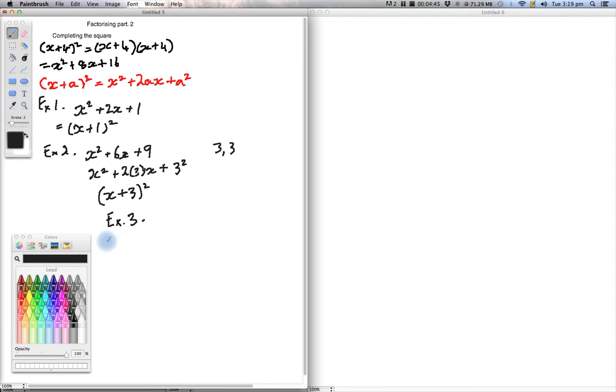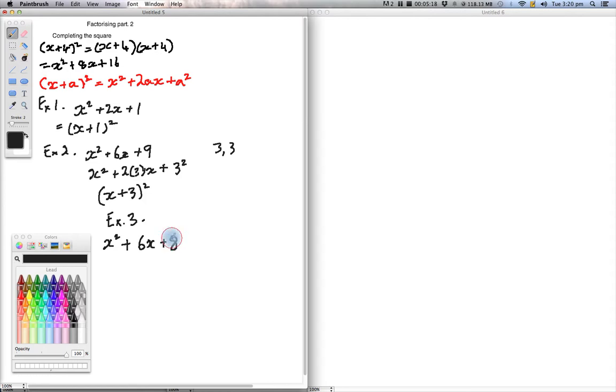Let's suppose with example 2 we had something different, x squared plus 6x plus 8. Okay, now we can't use the thinking about it method because the factors, actually yes we can, that's frustrating.